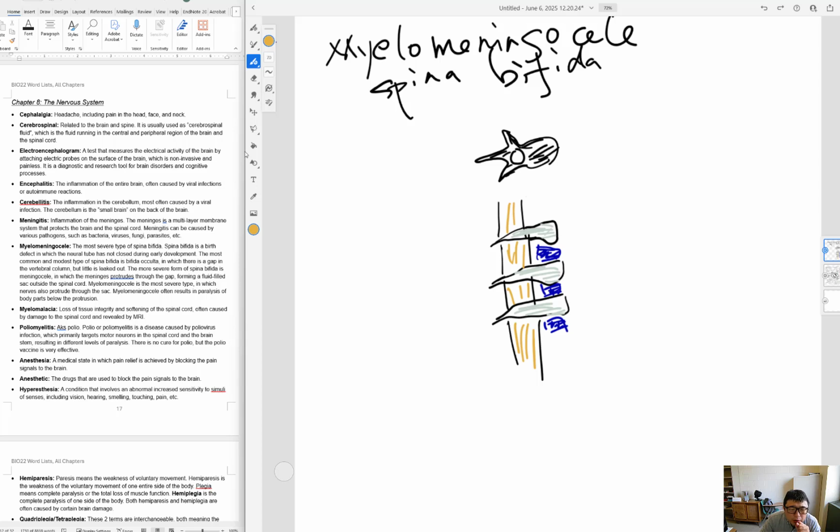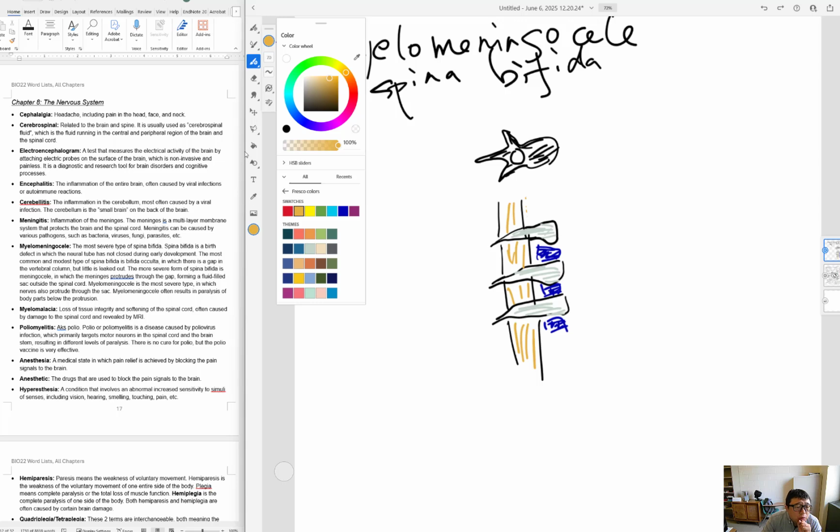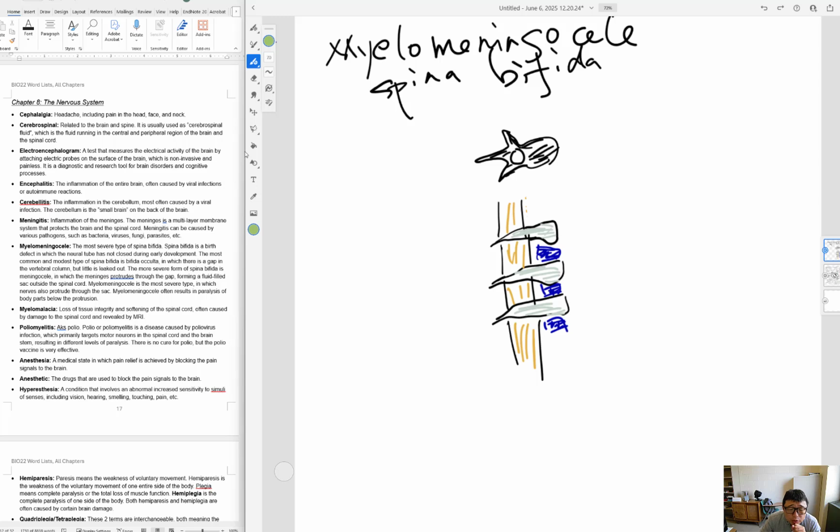Where's the membrane? The membrane is supposed to be green. I believe it's here, but you can double check. Okay, there should be a membrane. The outer layer membrane is called the neural tube, the nerve tube.